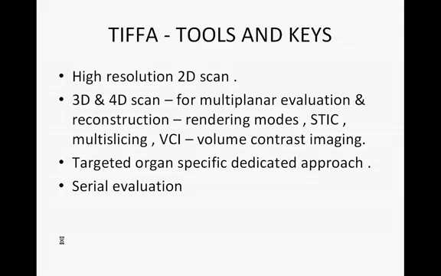And we can use the 3D and 4D scan for multiplanar evaluation and reconstruction. There are different rendering modes and different techniques like STIC, the spatial temporal image correlation, the multi-slicing, etc. that can be vital and very important in the evaluation of the fetus. The targeted organ-specific dedicated approach is a must, and serial evaluation of the fetus at different intervals is another important tool.